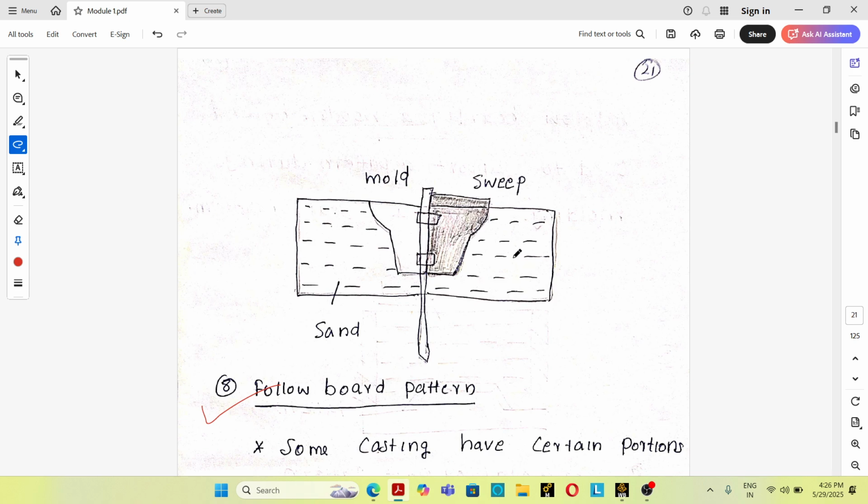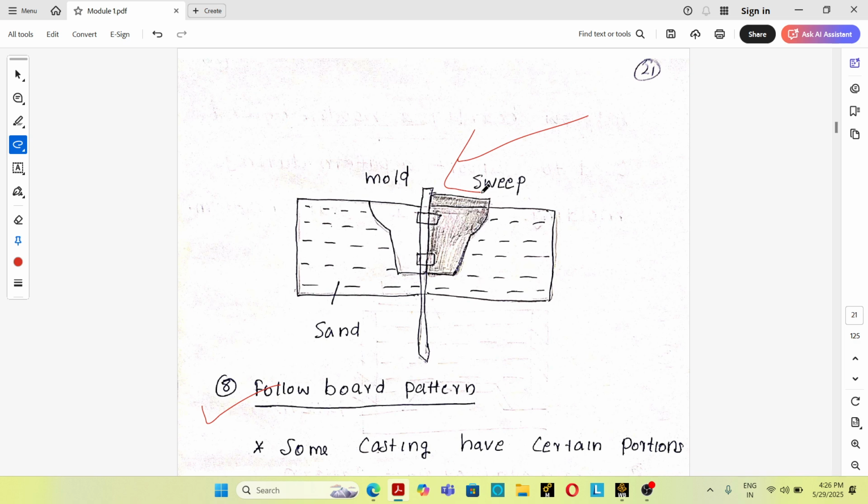That's the important point: where is the application of a sweep pattern? Sweep patterns are commonly used for producing molds for large symmetrical castings, particularly of circular cross section.